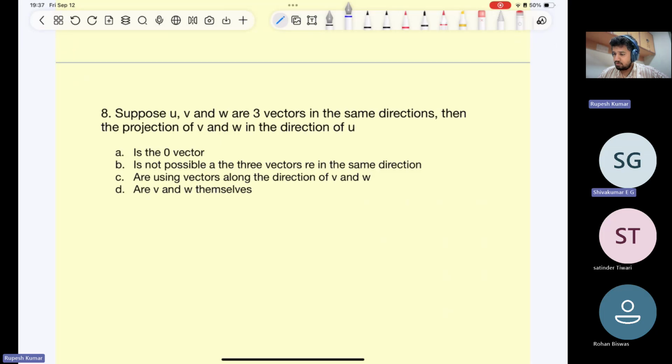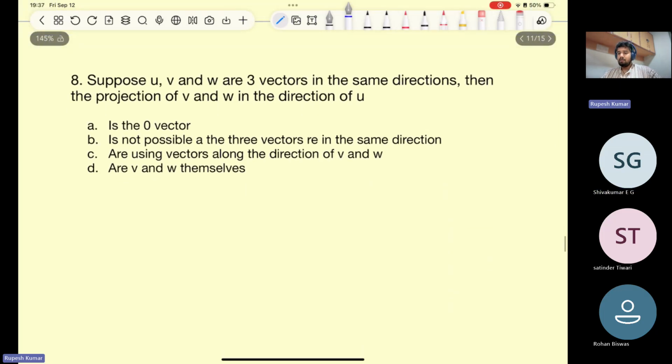So let's move on to the next problem. Suppose u, v, and w are three vectors in the same direction, then the projection of v and w in the direction of u is.